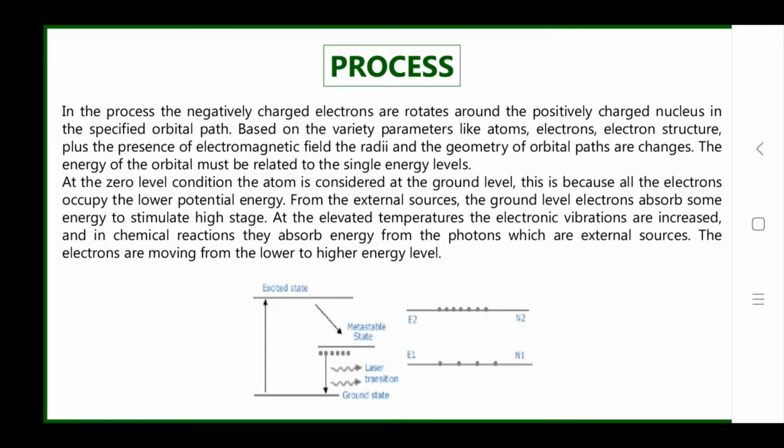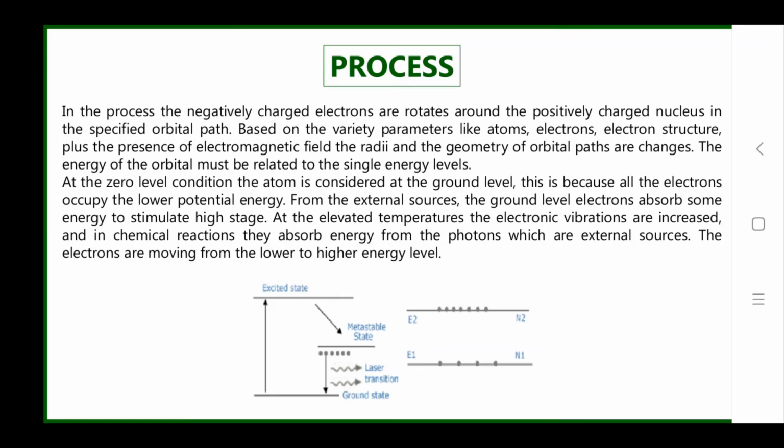Now we'll see the process of laser beam machining. In the process, the negatively charged electrons rotate around the positively charged nucleus in specific orbital paths only. Based on various parameters like atoms, electron structure, plus the presence of an electromagnetic field, the radii and the geometry of the orbital path are changed. The energy of the orbital must be related to a single energy level only.